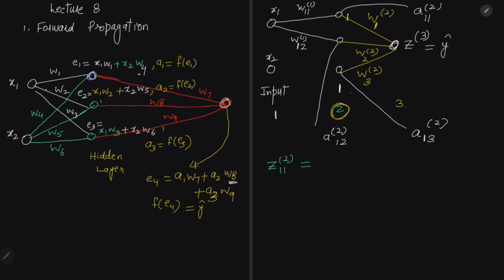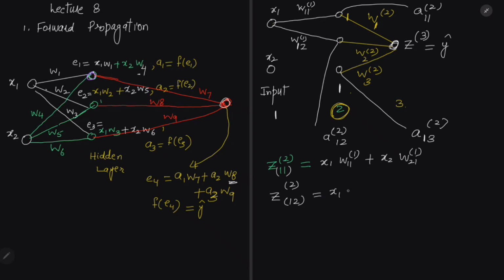That value can be obtained by x1 w11, plus x2 w211. I write all the other values. The value in layer number 2 and neuron 2 is, this is 1, 1. 1, 2 is input 1 to neuron number 2 in layer 2.